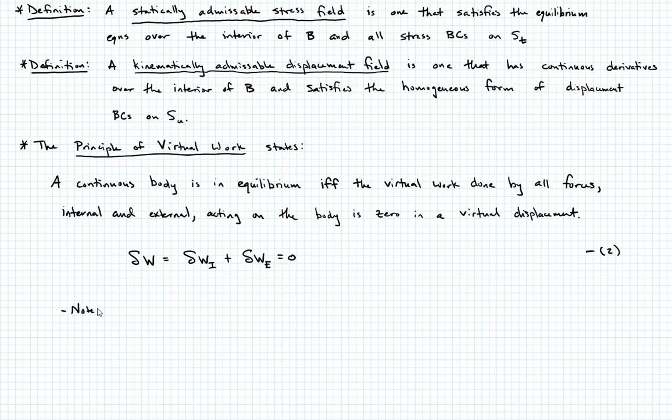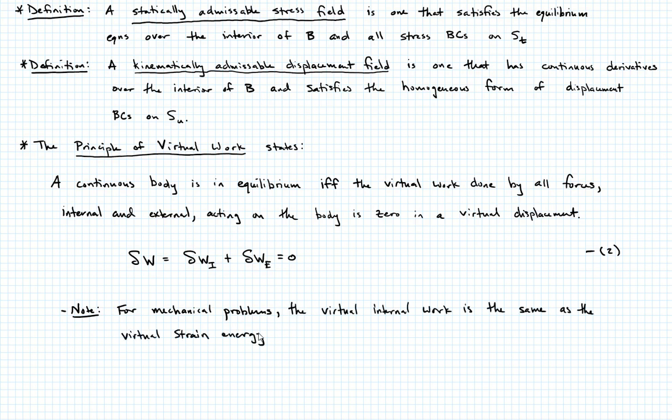So I'll just note, for mechanical problems, the virtual internal work is the same as the virtual strain energy. So that would mean that I could write delta Wi is going to be equal to delta U, right?